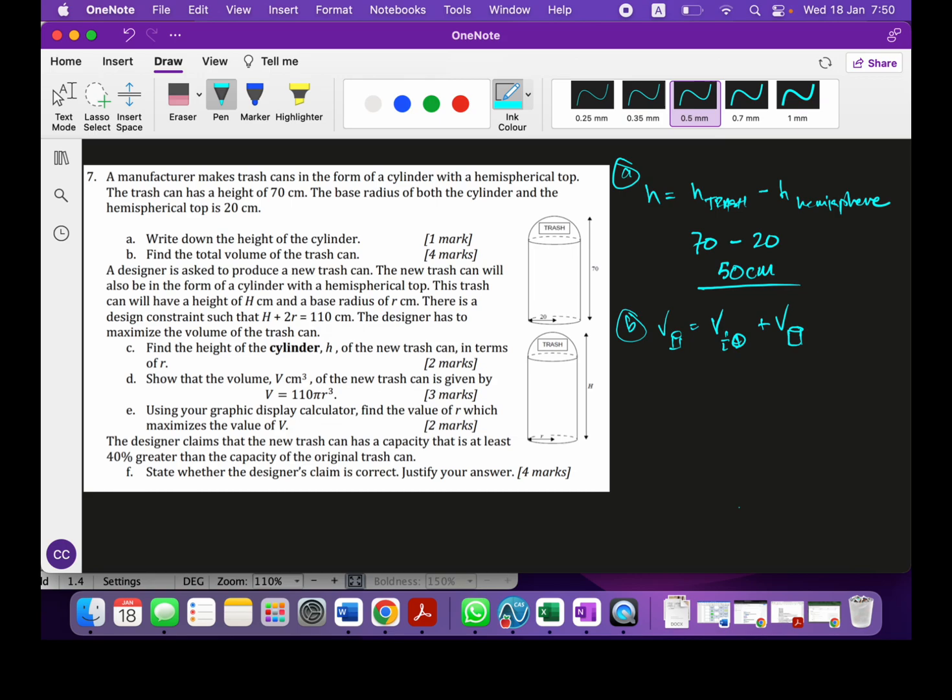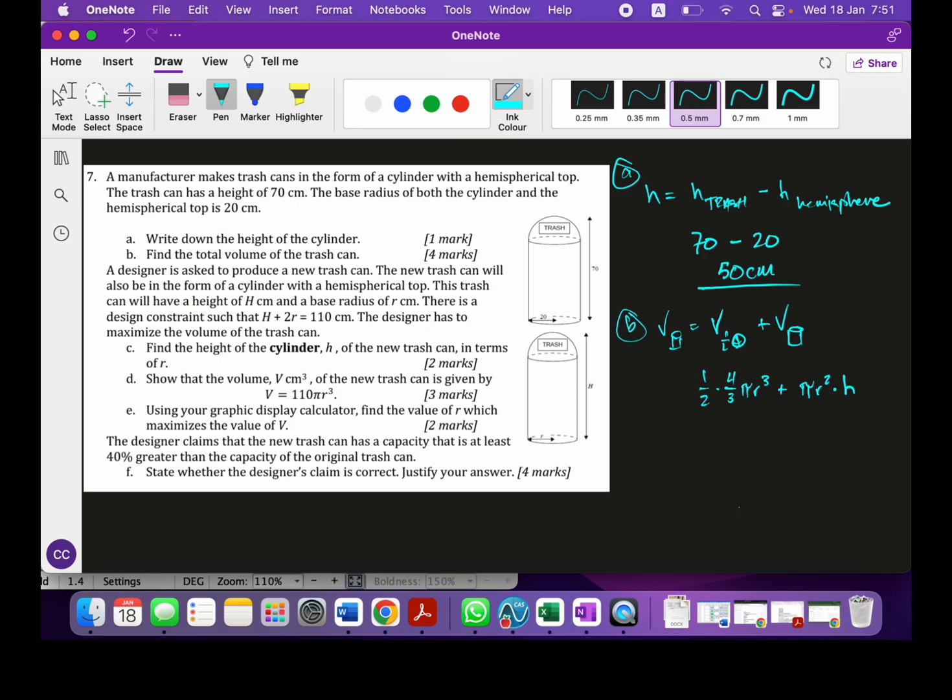The volume of a sphere can be found in your formula booklet, but it is 1/2 times 4/3 pi r cubed, plus the volume of the cylinder, which is the area of the base times the height of the cylinder.